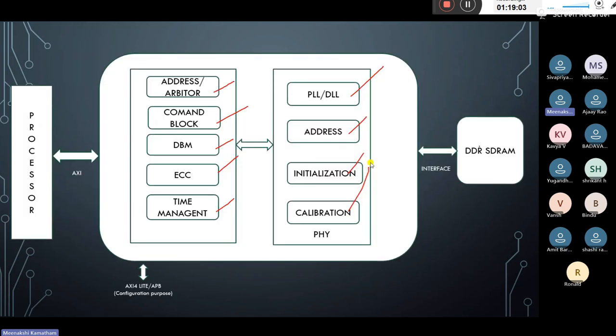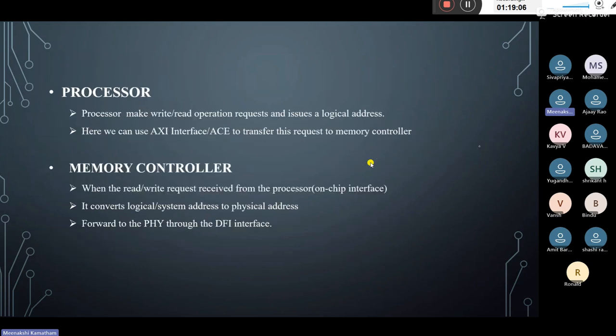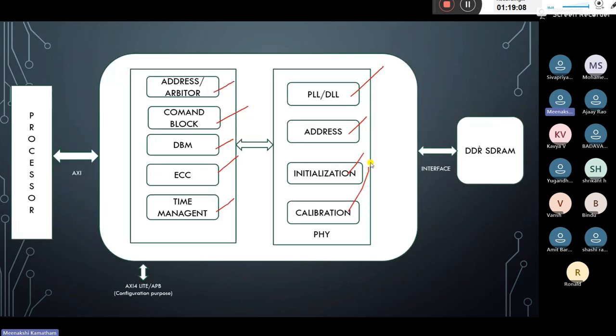See here what the internal blocks do. The arbiter is nothing but the priority: which command I need to pass right now. The arbitration is priority based.